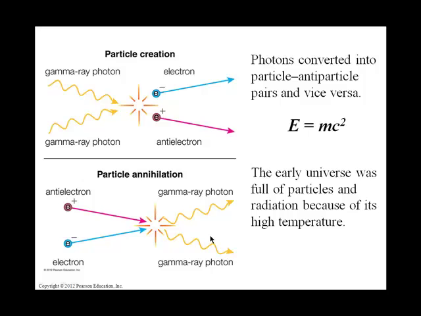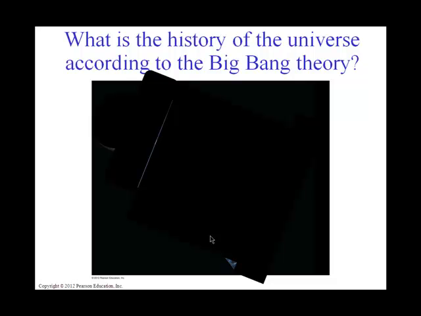So that's the sort of chaos that was going on at the very initial time of our universe. And Einstein says that this conversion can happen, and we know this conversion happens in nuclear fusion or fission reactions. A small amount of matter is converted into a large amount of energy.